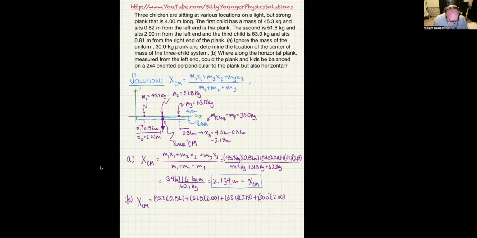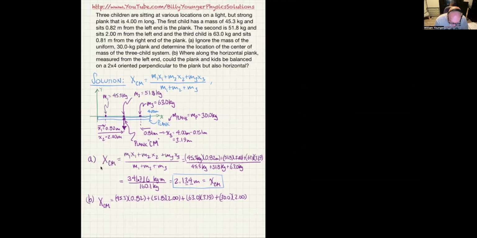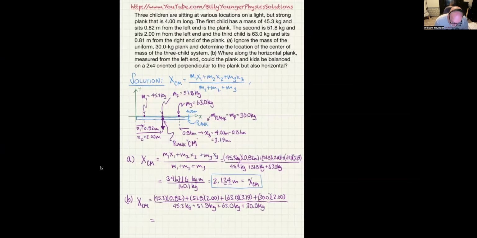Now, we can go about calculating it as 45.3 times 0.82, the 51.8 times 2.0, the 63.0 times 3.19, and then we have the mass of the plank times the center of mass distance. So that's 30 times 2, and then we divide that by the total mass: 45.3 plus 51.8 plus 63.0 plus 30.0.